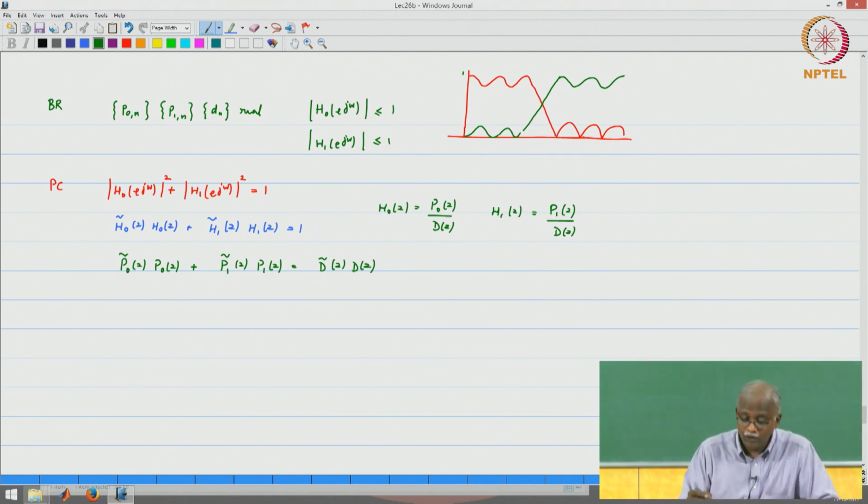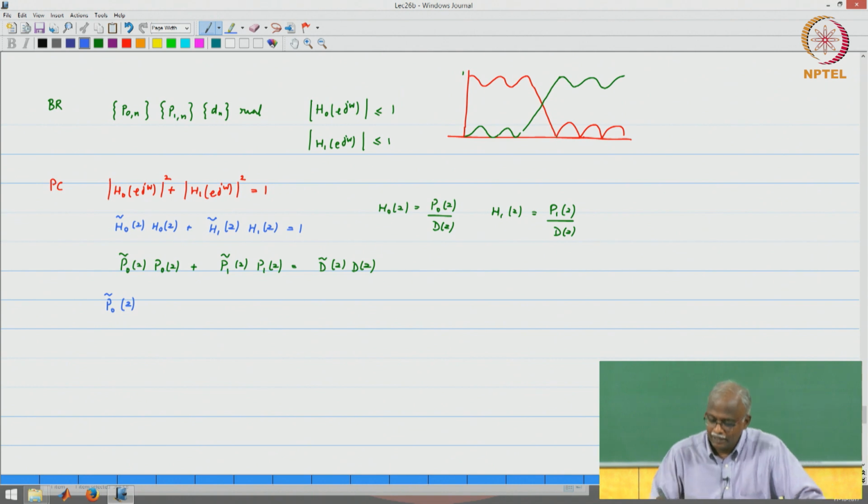Okay. Now comes some interesting observations as to why some of those results or conditions were imposed. P0 tilde of z. Now I want you to visualize, let me just write it on the side.